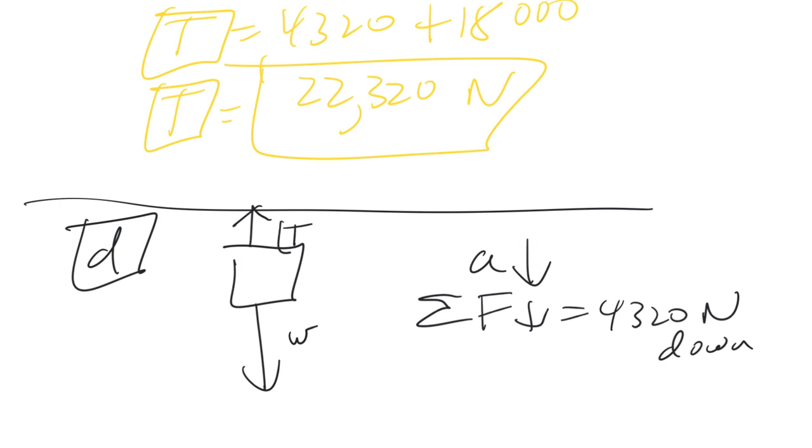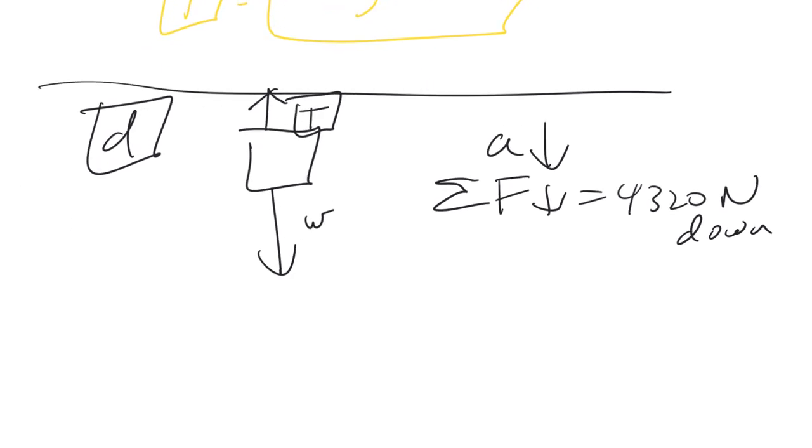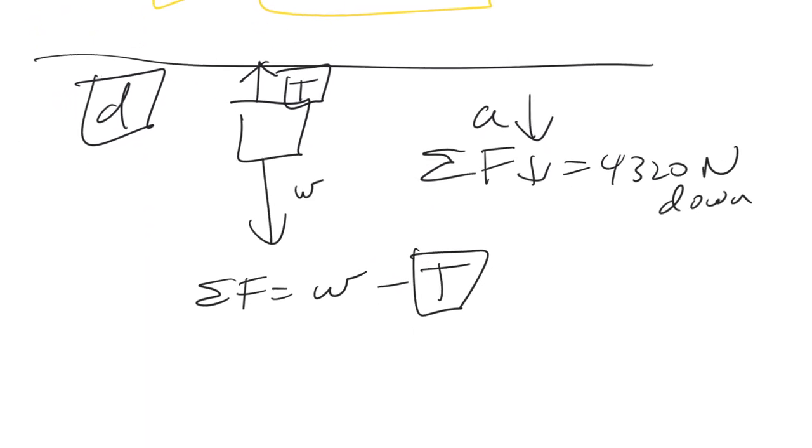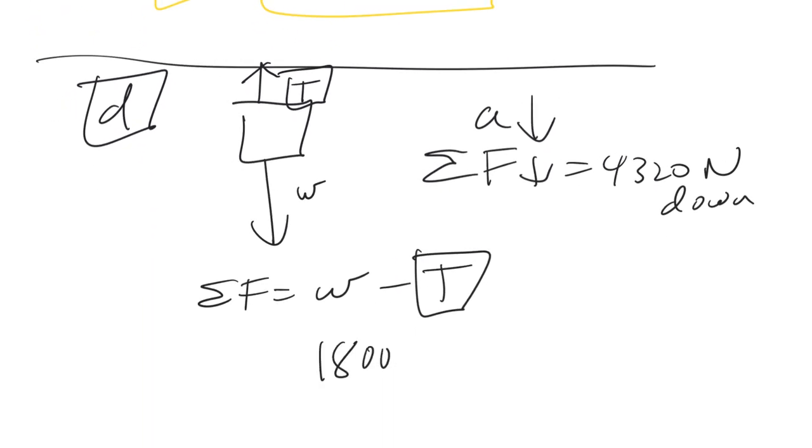I want to say normal force because it looks the same. So, F net is equal to weight minus tension. I already had the values up here, right? 18,000 minus T is equal to the net force, 4320.